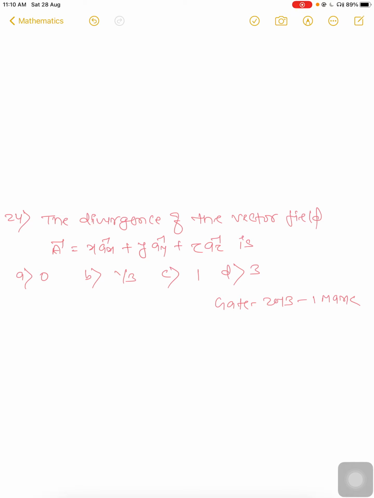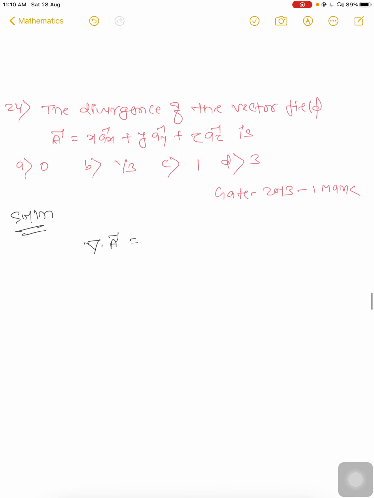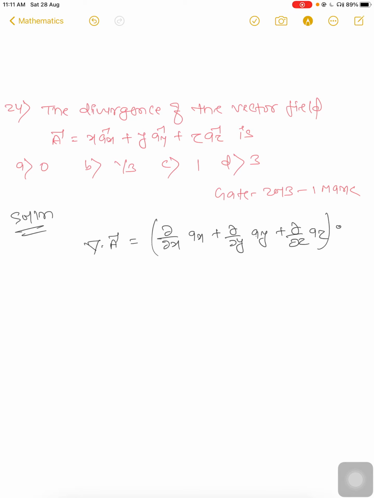The divergence of a vector field A is, we know the divergence formula: del dot A vector is equal to del by del x, del by del y, del by del z dot A_x x-hat plus A_y y-hat plus A_z z-hat. So what will happen?